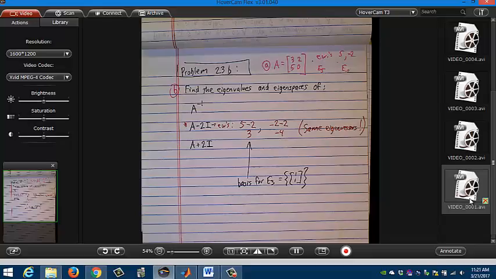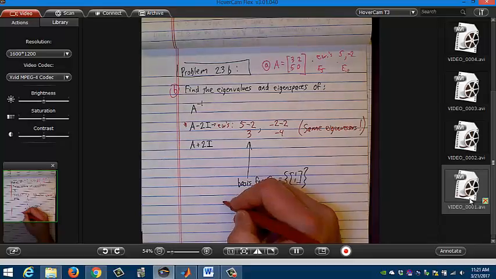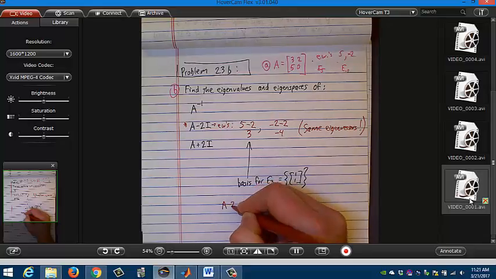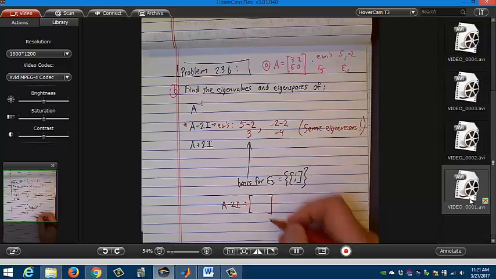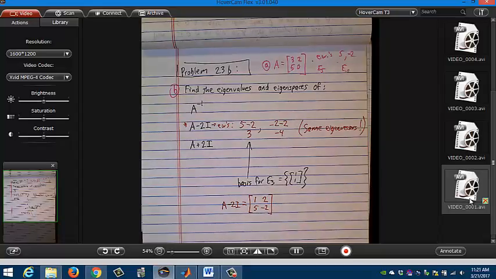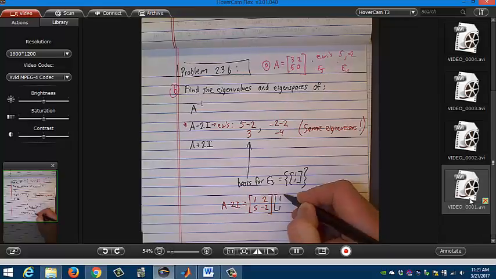Let's check. Here, what is A minus 2I? A minus 2I would be what matrix? Well, I guess it'd be 1 instead of 3, and this would be negative 2, right? So let's take that matrix, and let's multiply it by 1, 1, and see what we get.